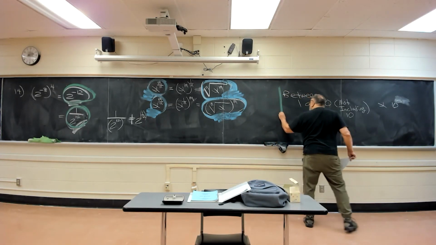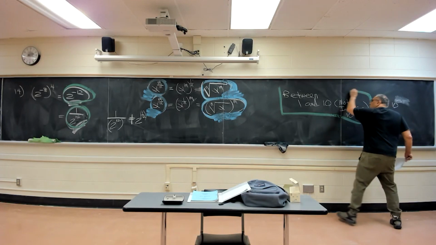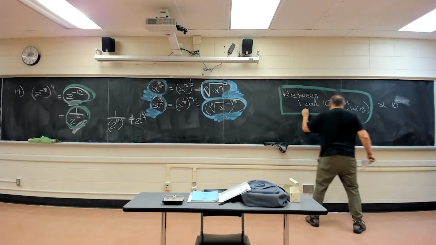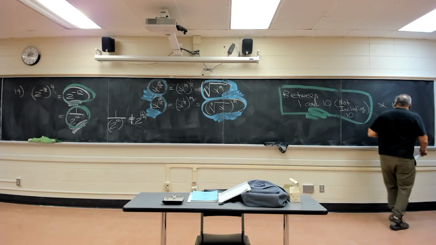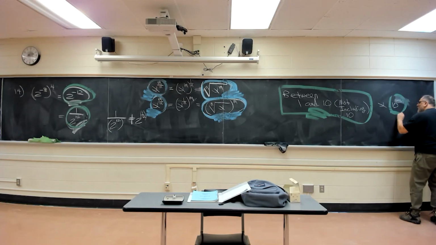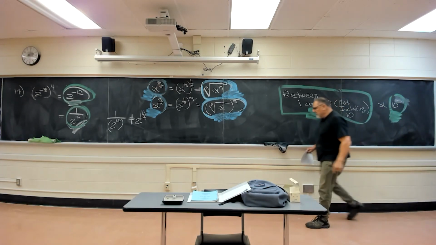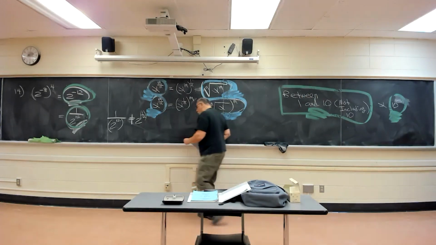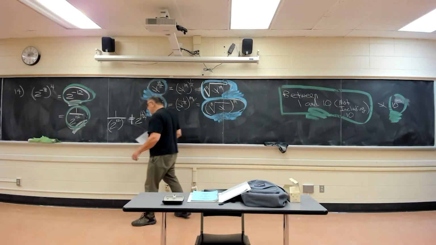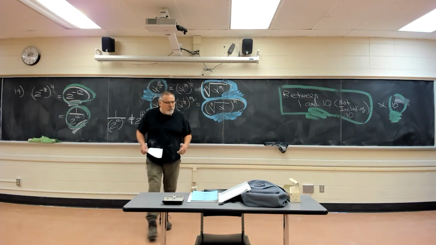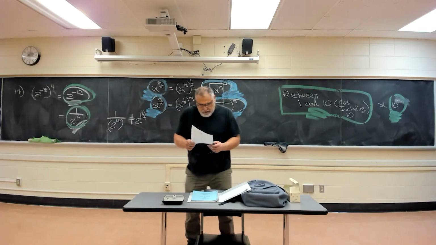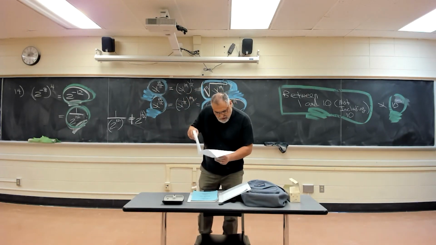So the lead number goes here, and then the tail number is going to go here. That's scientific notation. I can express any real number I want in scientific notation to any degree of accuracy that we want. Okay? So let's see what we can do.